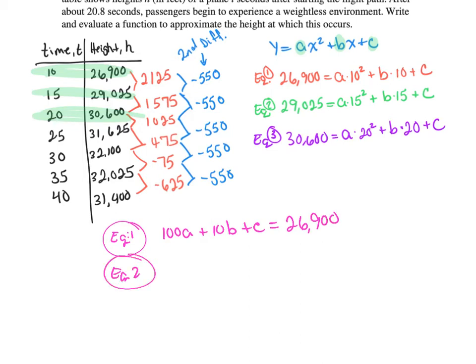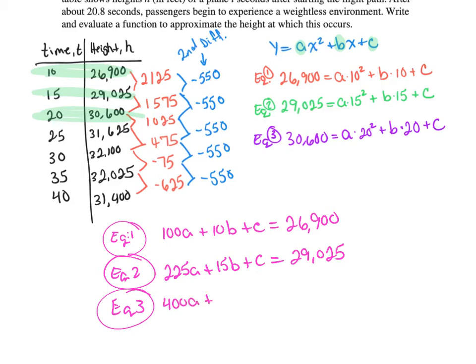Equation 2, again, 15 squared is 225. 225a plus 15b plus c is equal to 29,025. Equation 3, 20 squared is 400. 400a plus 20b plus c is equal to 30,600.